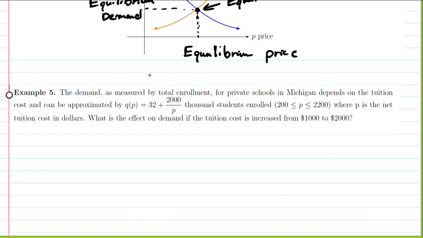So our question then becomes, what is the effect on demand if the tuition cost is increased from 1,000 to 2,000?